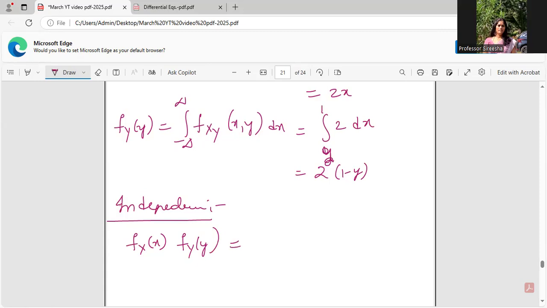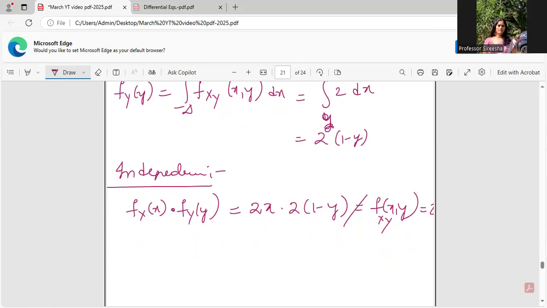This is nothing but f x of x into f y of y. I have f x to be 2x. The other one is 2 into 1 minus y. And what is f of x comma y, guys? What has been given to me is 2. Is it matching anywhere? It's not matching. Or in other words, this product is not equal to this. Hence, they are not functionally independent.